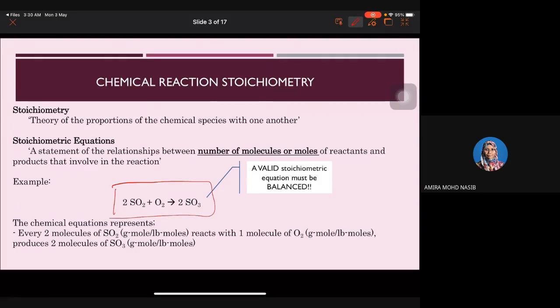What do the ratios mean? This means in moles: 2 moles of sulfur dioxide plus 1 mole of oxygen will produce 2 moles of sulfur trioxide. So please bear in mind this stoichiometric equation represents moles, either gram moles or pound moles, any unit as long as it is moles.